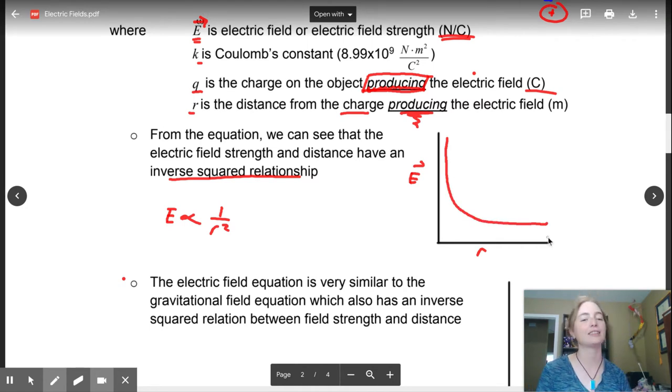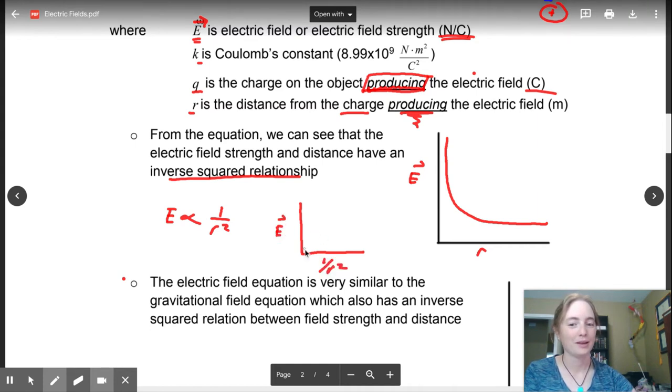Like that. How would I make this a straight line? How would I straighten this graph? I have to make it match the equation. Then that would be a straight line, and I could calculate the slope of that line and do all sorts of cool stuff. Sounds good?